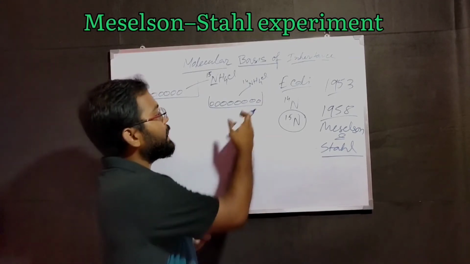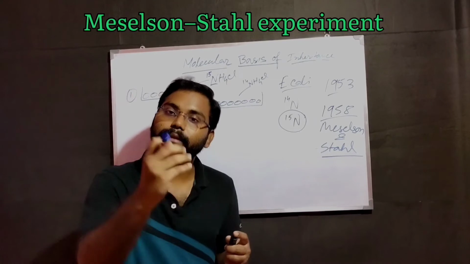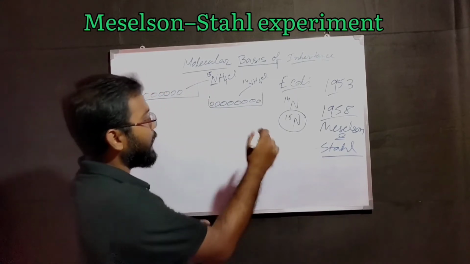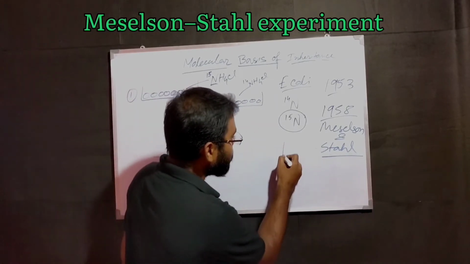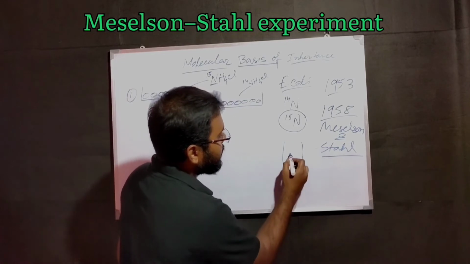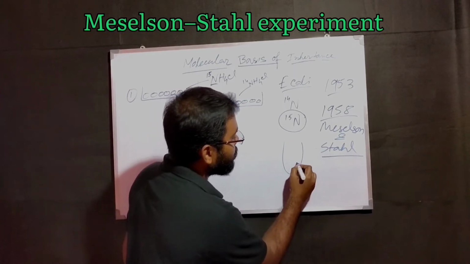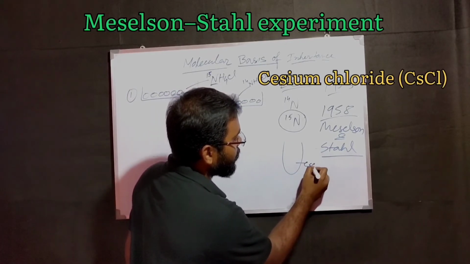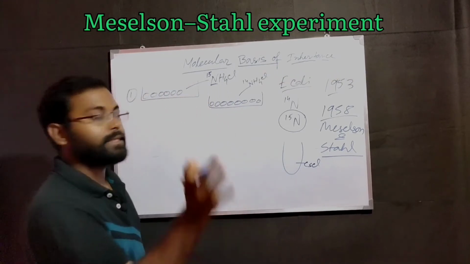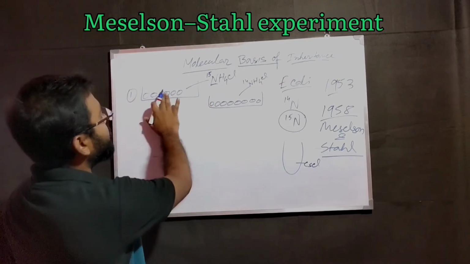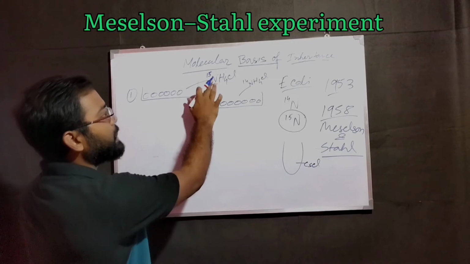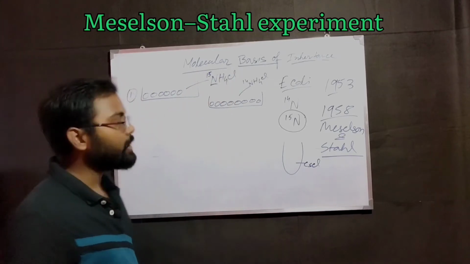Now they collected the bacteria and extracted their DNAs and dissolved the DNA into a solution of cesium chloride. So this is the first step, where the bacteria grew in N15 solution.